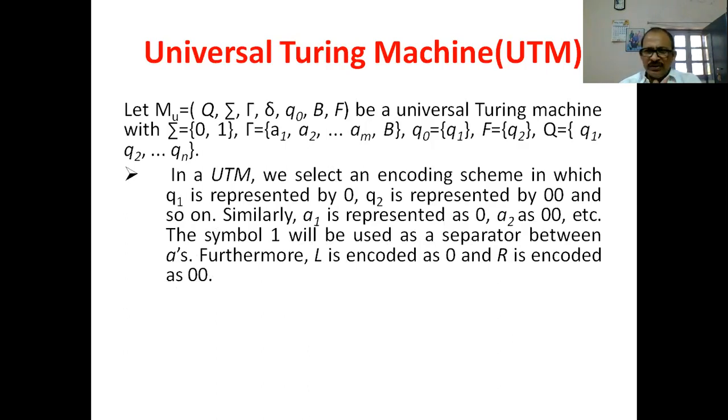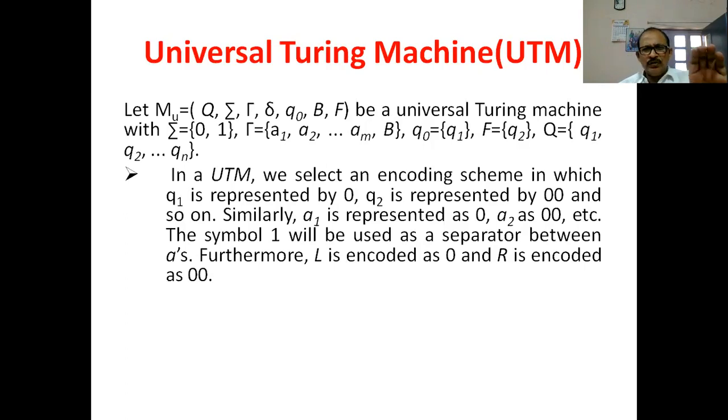So this is the encoding scheme. With the help of this encoding scheme, you can convert any Turing machine to a description. How will we convert a Turing machine into a description?